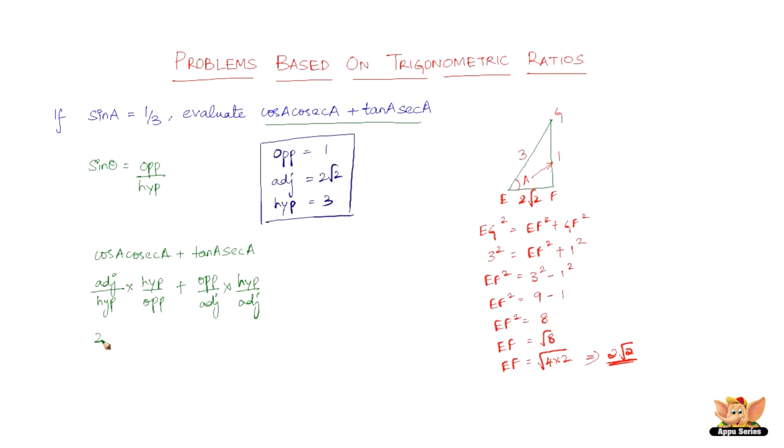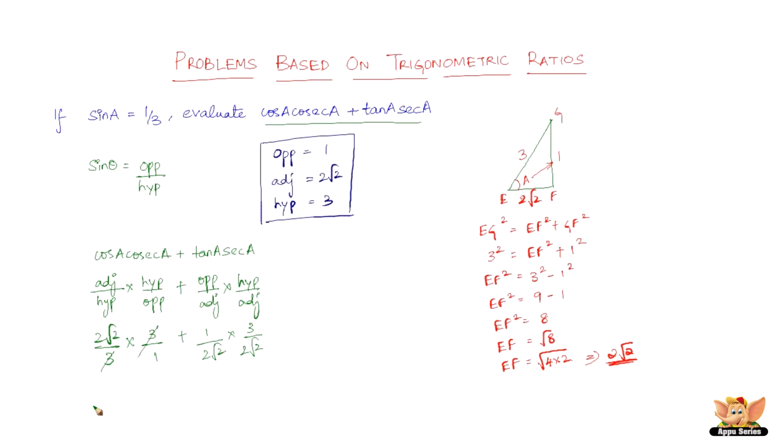So adjacent is 2 root 2 and hypotenuse is 3, into again hypotenuse is 3 and opposite is 1, plus opposite is 1 and adjacent is 2 root 2, into hypotenuse is again 3 and adjacent is 2 root 2.